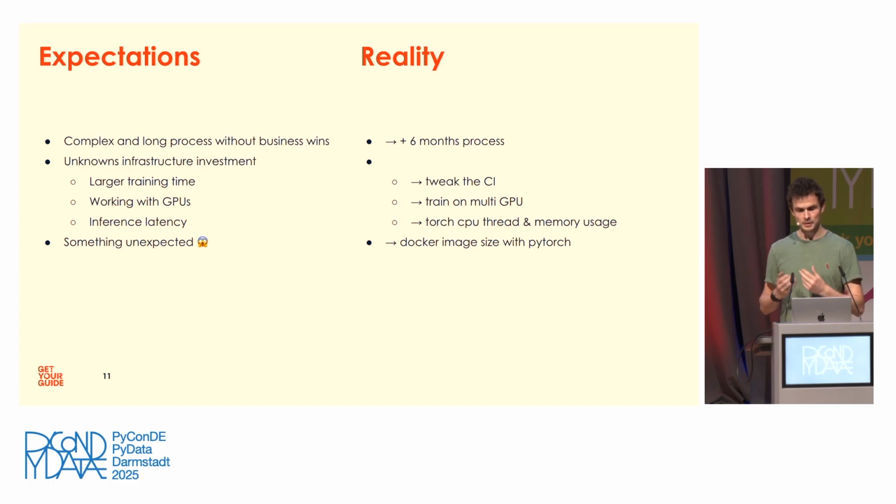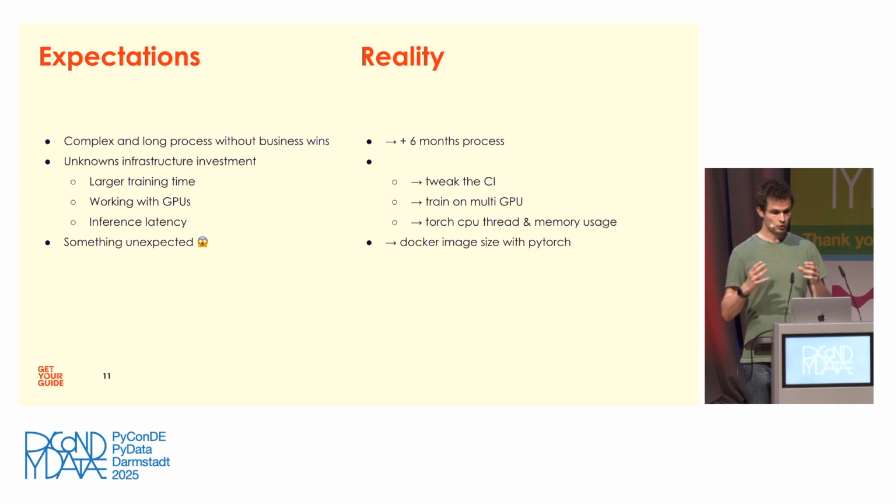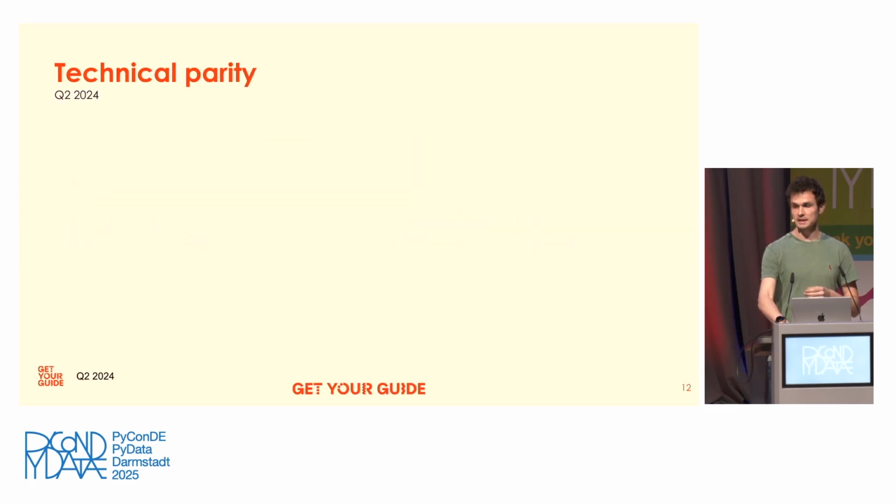Now I will show you a bit more how we broke down this deep learning effort into major milestones. First, in Q2 last year, we decided to focus on getting technical parity between the tree and the deep learning models, in particular being able to handle the throughput and latency requirements of our model.